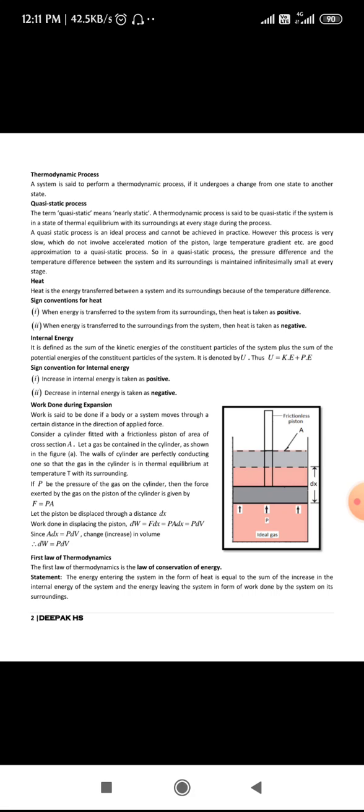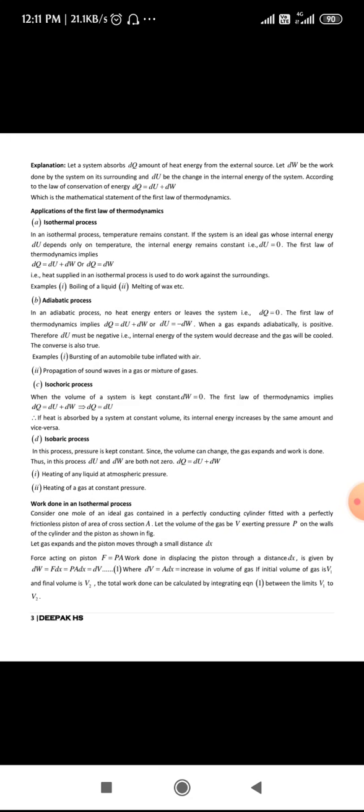Alright. Next we went through the first law of thermodynamics. The first law of thermodynamics is regarding the conservation of energy. The statement goes like this: the amount of energy entering the system will be equal to the increase in internal energy of the system, and some of the energy will be leaving the system in the form of work done by the system on its surroundings.